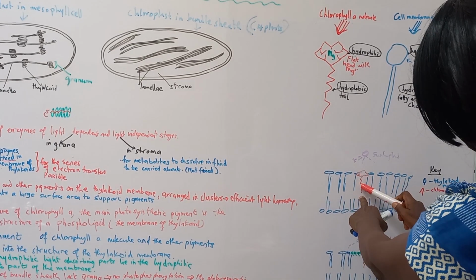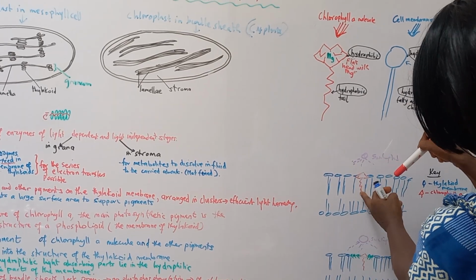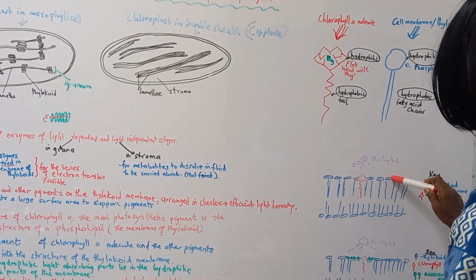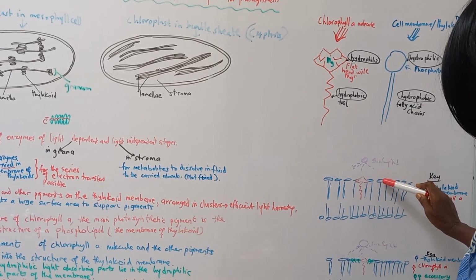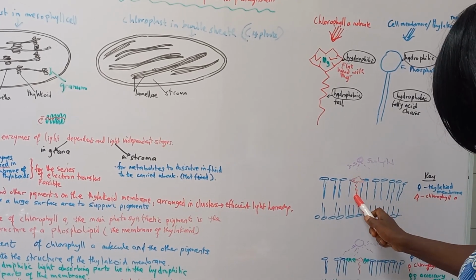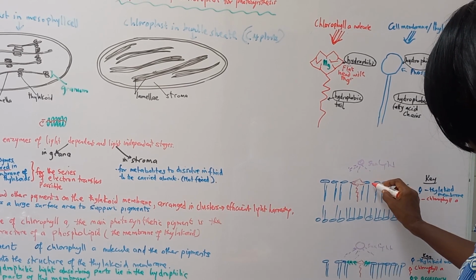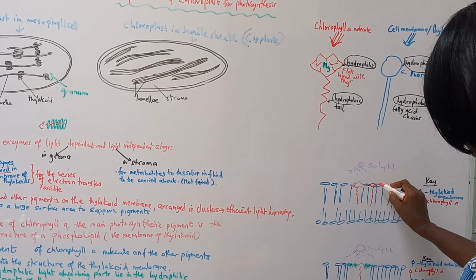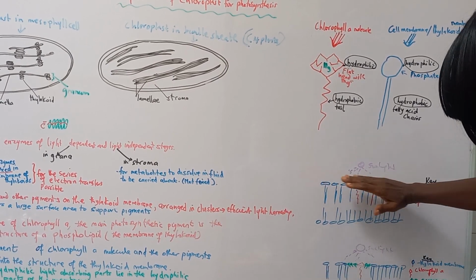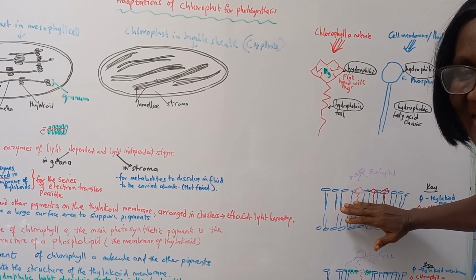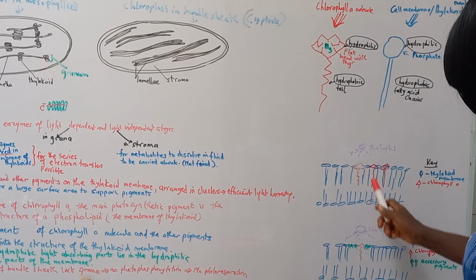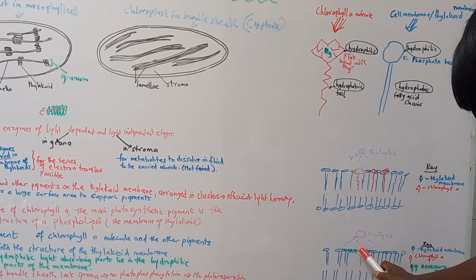So the hydrophobic tail is sort of hooking the hydrophilic head to lie on the hydrophilic phosphate heads of the membrane like solar panels. So this is one chlorophyll A molecule. We can have a lot of chlorophyll A molecules, and they will be lying with their heads like solar panels to absorb sunlight efficiently.